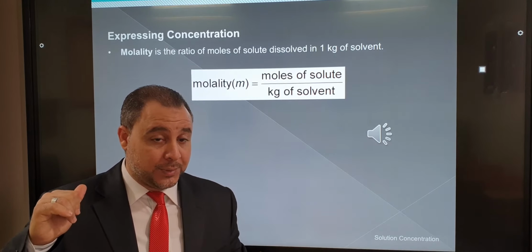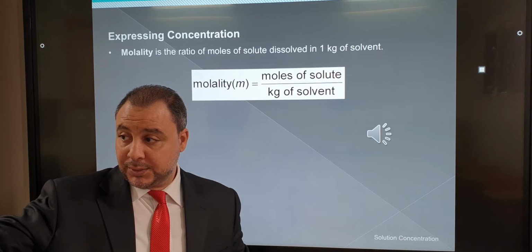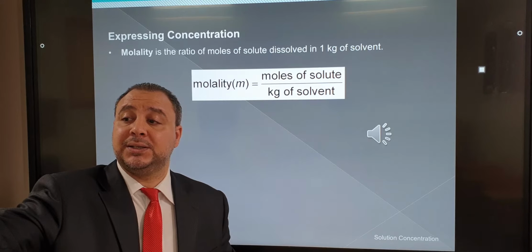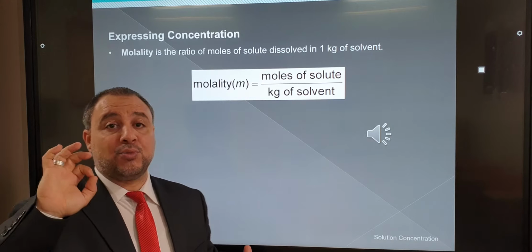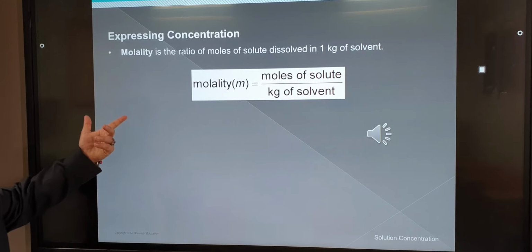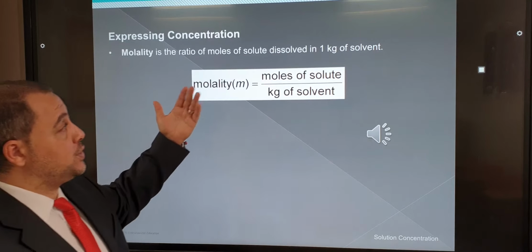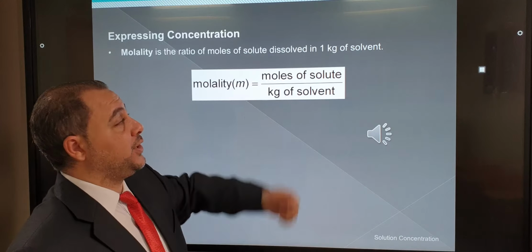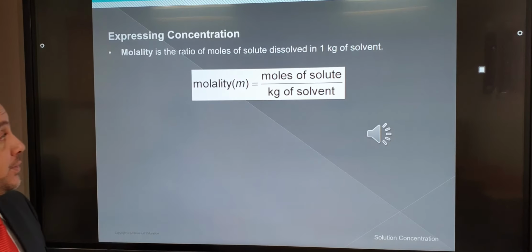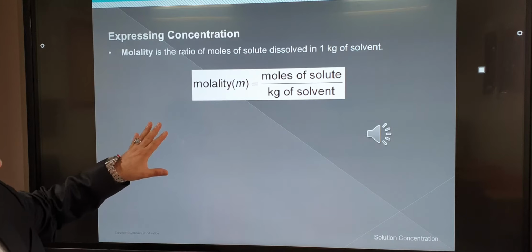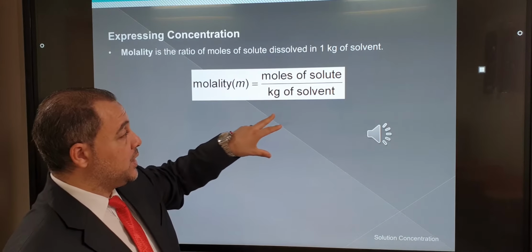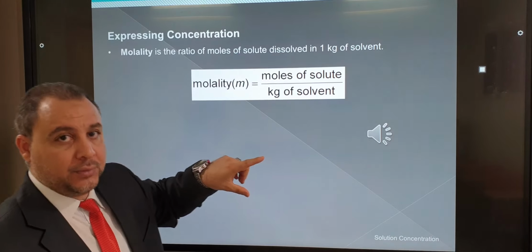Volume. Molarity depends on volume, but molality on mass. So its rule is moles of solute over kilogram of solvent.